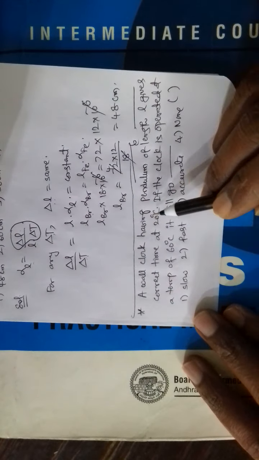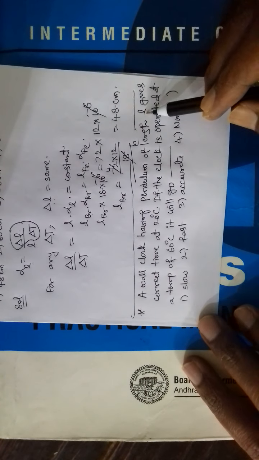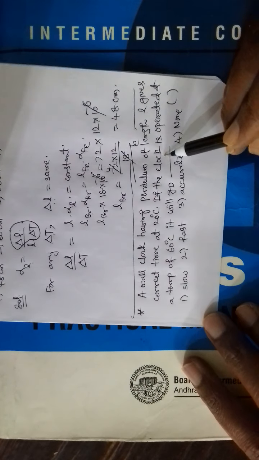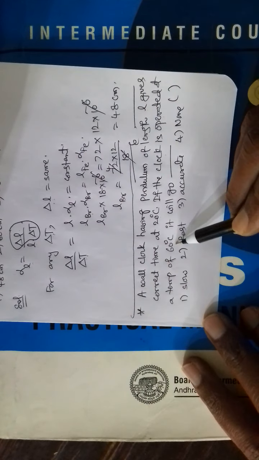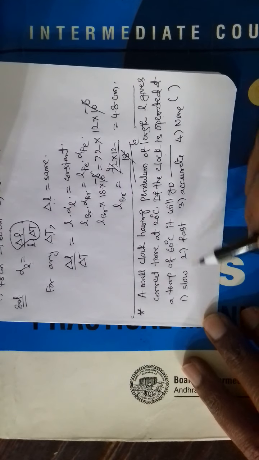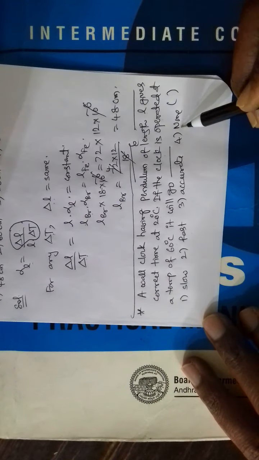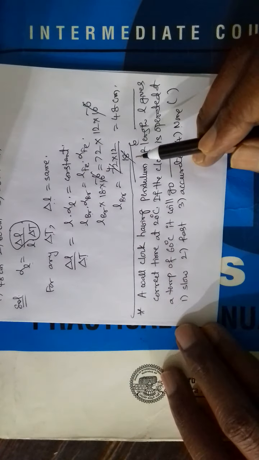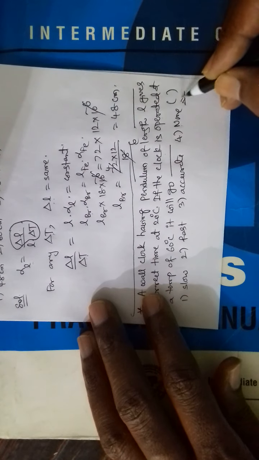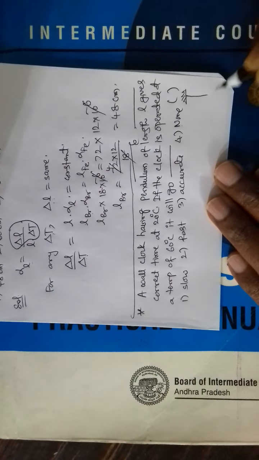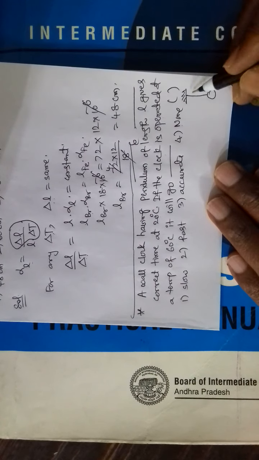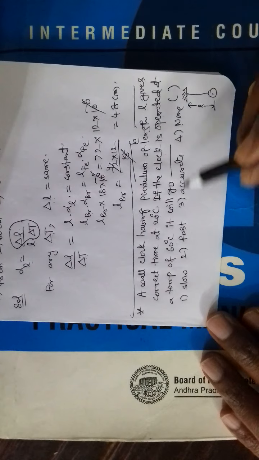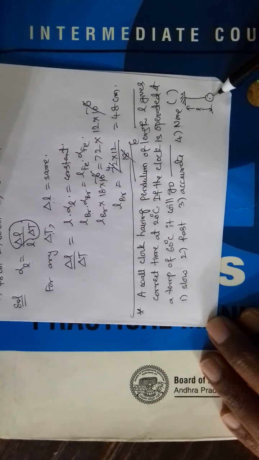A wall clock having a pendulum of length L gives correct time at 20 degrees centigrade. If the clock is operated at a temperature of 60 degrees centigrade, it will go slow, fast, accurate, or none. So here the temperature is increased. In the pendulum clock there is a simple pendulum of length L, and when you increase the temperature its length increases.